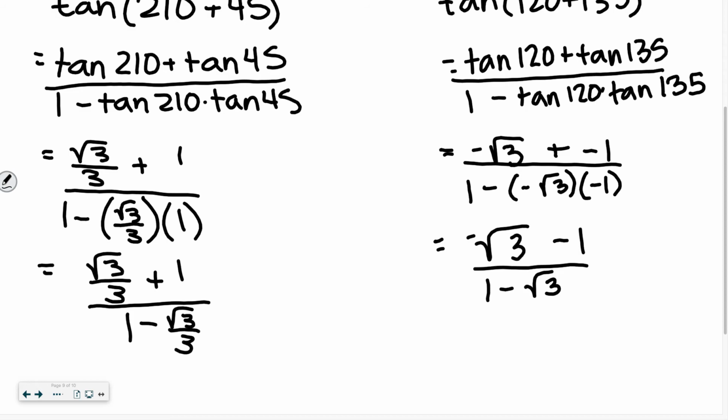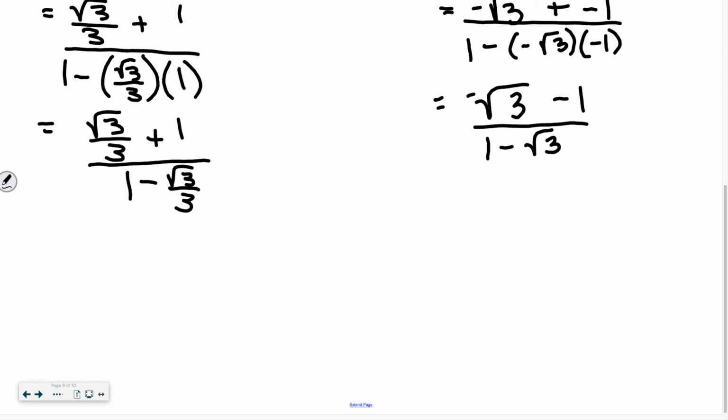Okay? Now, we're technically not done. I'm going to work on the one I like, the one on the right. We're technically not done because remember that old school rule, you're not allowed to leave a radical in the denominator. The rest of this is just simplify. Okay? So the big question is, how are we going to get a radical out of the denominator?